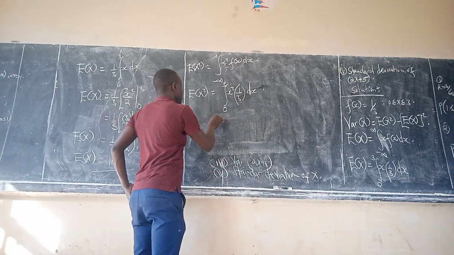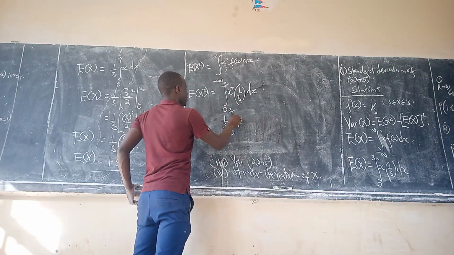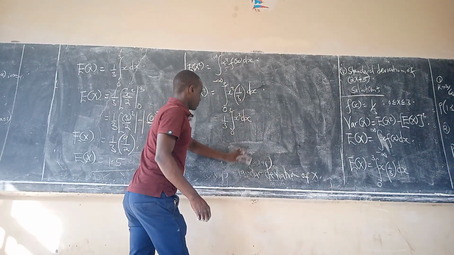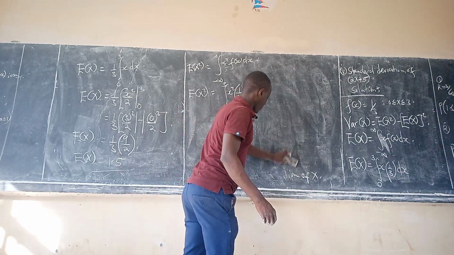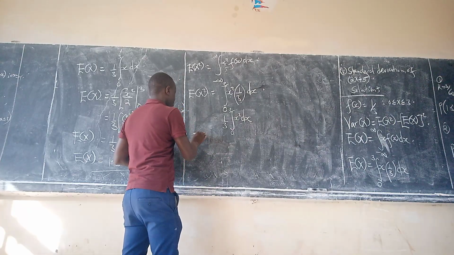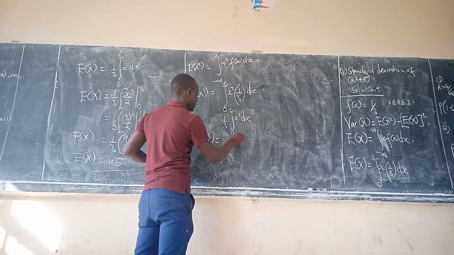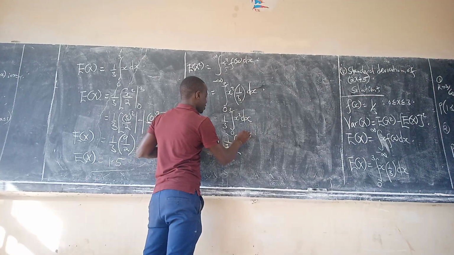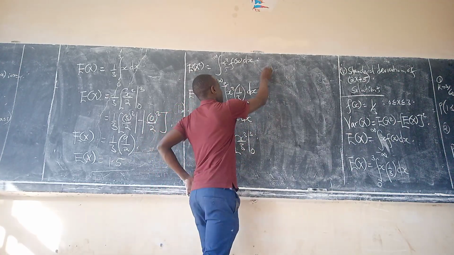So pull out the constant, we shall have a third, the integral from 0 to 3 of x squared dx. So we shall have our expectation of x squared as a third. When you integrate x squared, you get x cubed over 3, but you have integrated from 0 to 3.